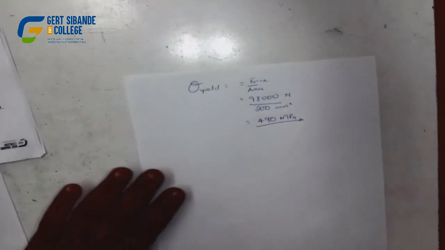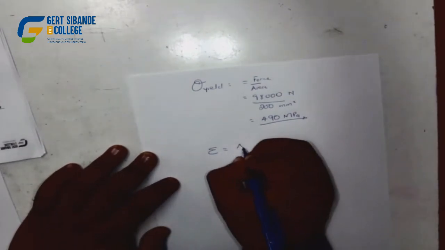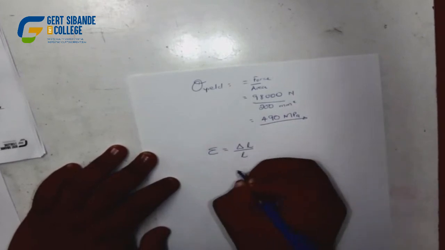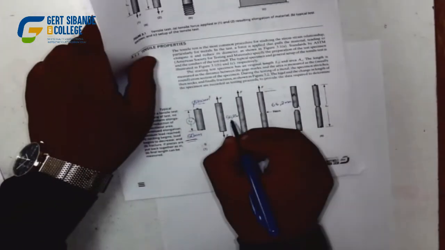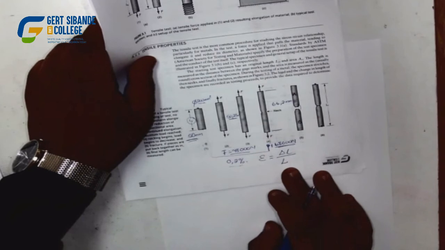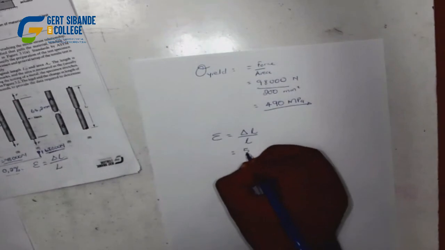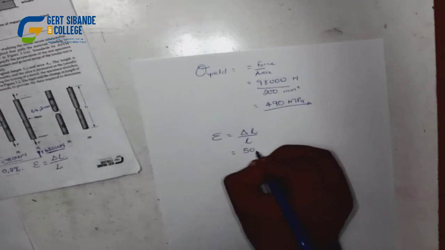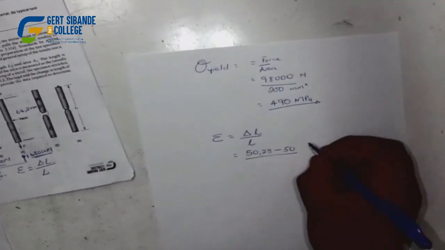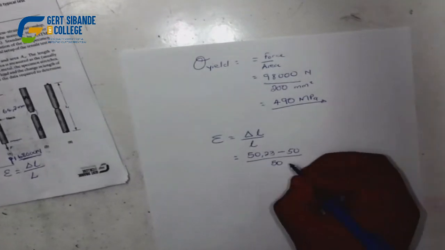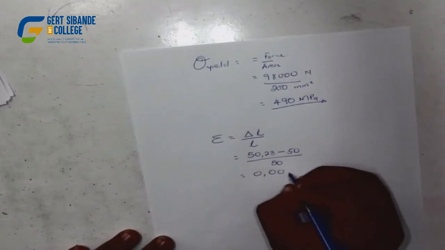After that, I have to calculate the strain, which is equal to the change in length over the original length. I have a length of 50.23 from 50 millimeters, so it is 50.23 minus 50, divided by the original length of 50, and that results in 0.0046.